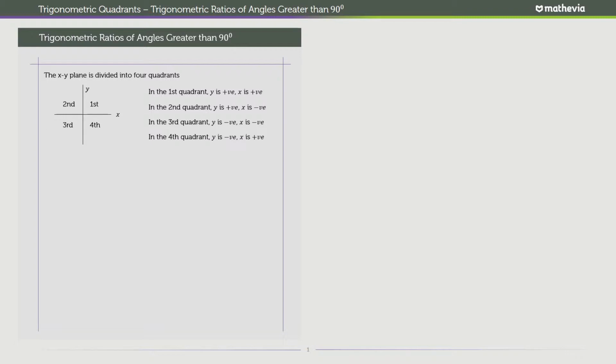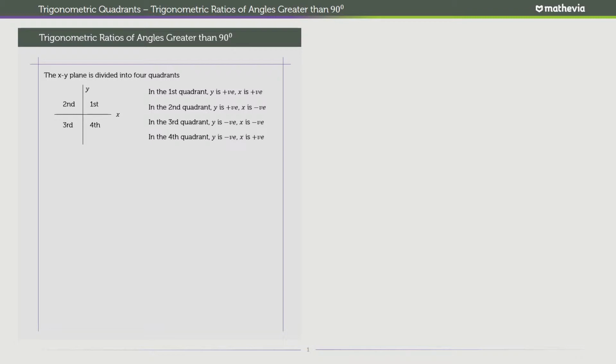In the first quadrant, you have positive y, positive x. Second quadrant, you have positive y, negative x. In the third quadrant, you have negative y, negative x. In the fourth quadrant, you have negative y and positive x. Now, the essence of all of this is that we usually identify the vertical axis as our opposite, and the horizontal axis as our adjacent.